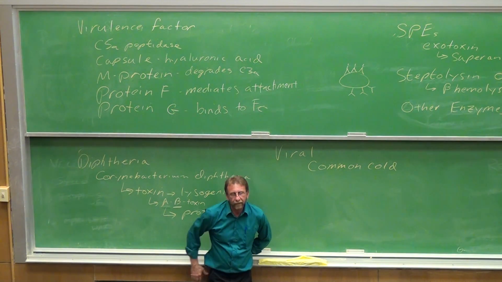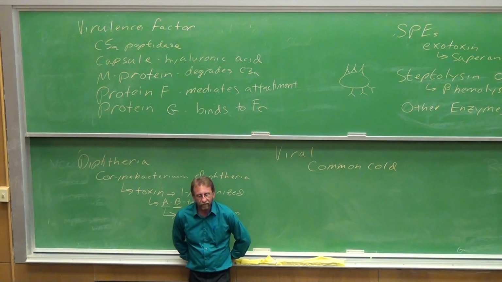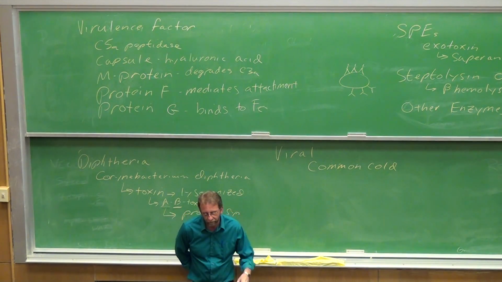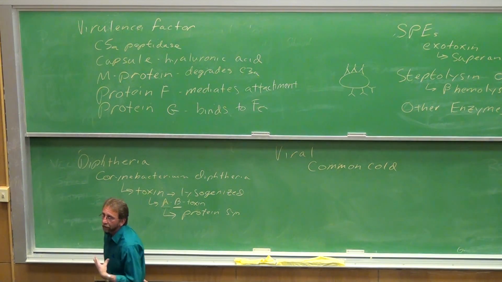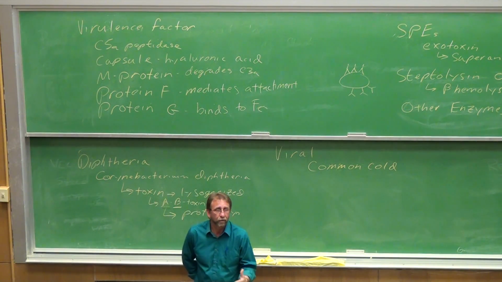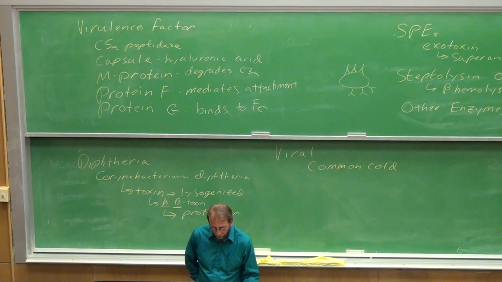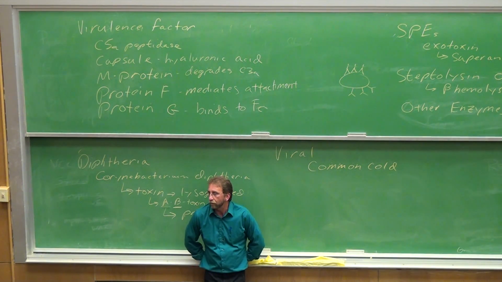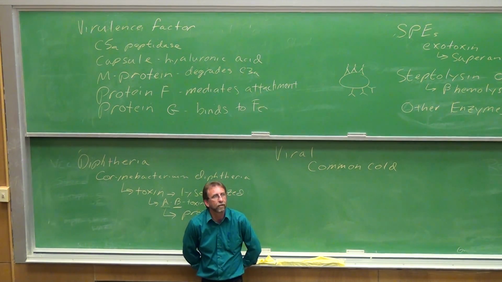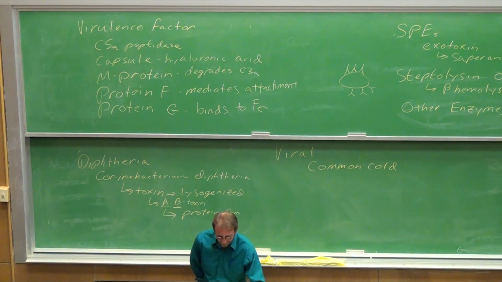The average person is going to have 2 to 5 upper respiratory viral infections per year. So over your lifetime, you're going to have about 200 colds, give or take, depending on how healthy you are and what you expose yourself to.